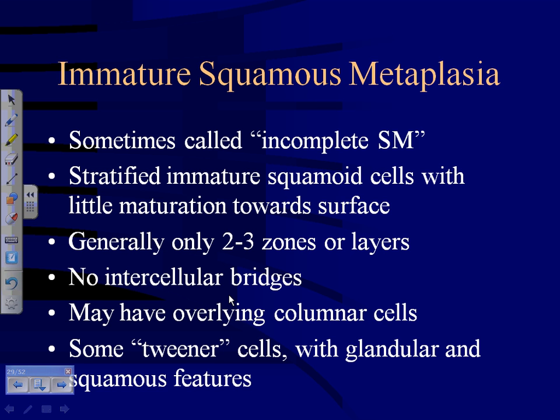They may have overlying columnar endocervical cells too, and I'll show you a picture of that. And again, there's oftentimes what we call the tweener or in-between cells that may show a combination of both glandular and squamous features. Because remember, nothing is really abrupt, right? You're learning that, aren't you? That there's always kind of this transition between the cells.